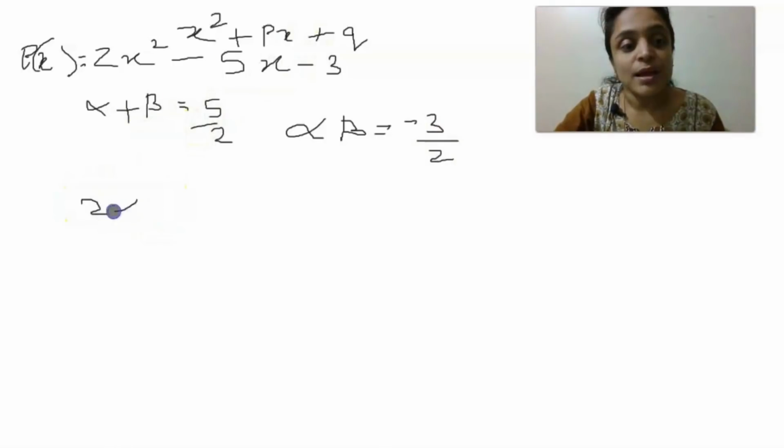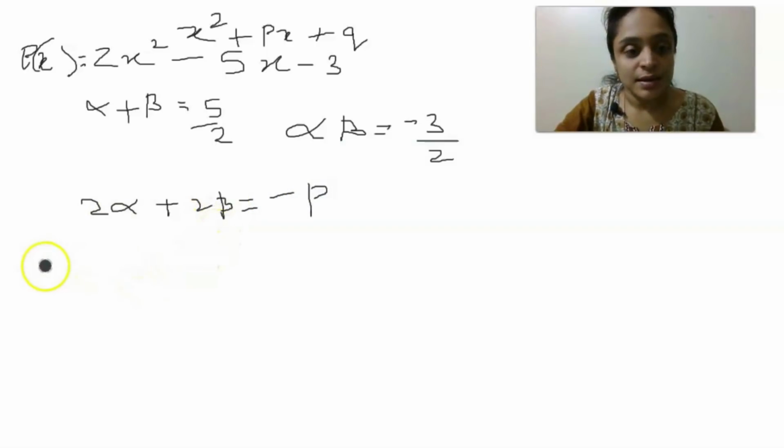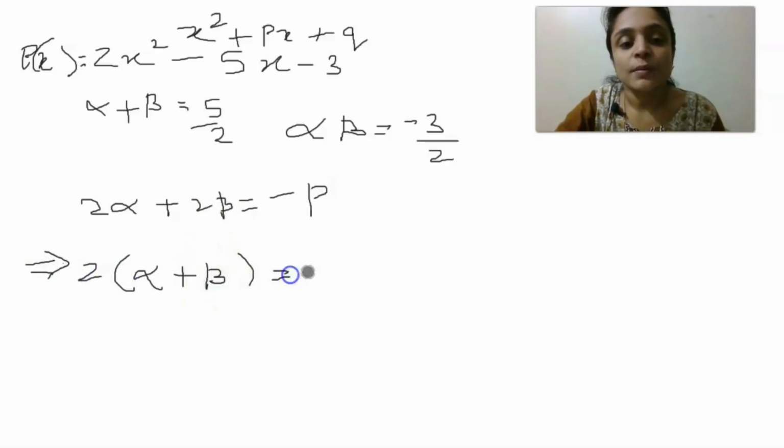Now the zeros of this are 2 alpha and 2 beta. So what is their sum? 2 alpha plus 2 beta equal to minus b by a, that is minus p. And 2 alpha plus 2 beta can be written as 2 into alpha plus beta equal to minus p.